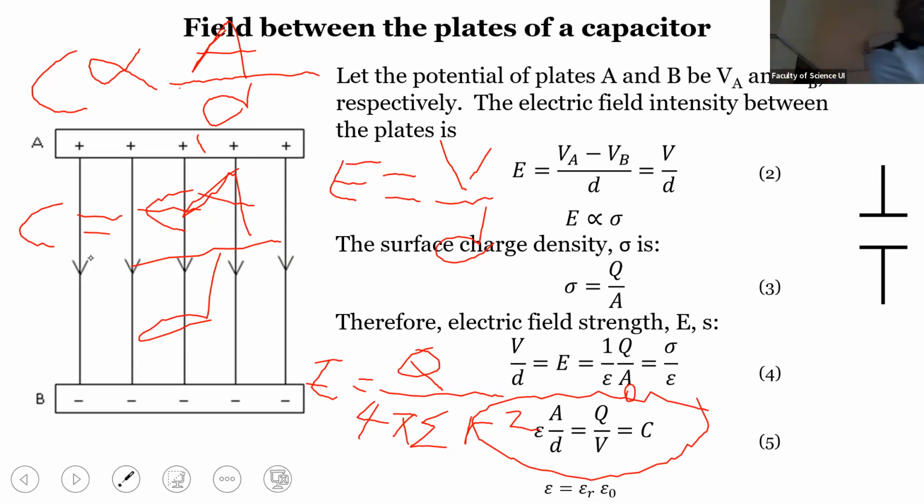When you slide the dielectric in between the parallel plates, you would expect the electrons, which are negatively charged, to drift towards the positive plate of this capacitor.